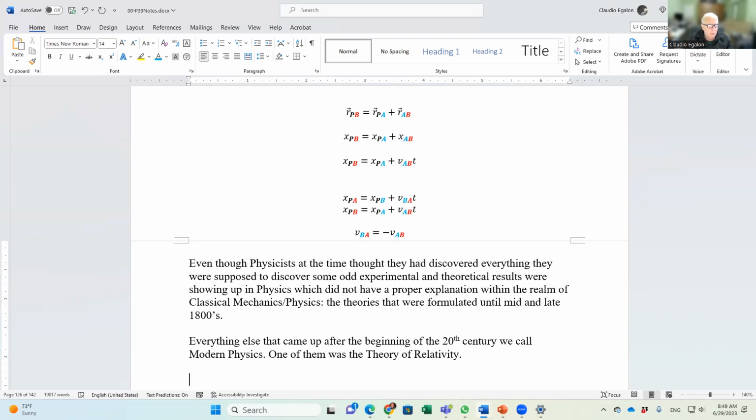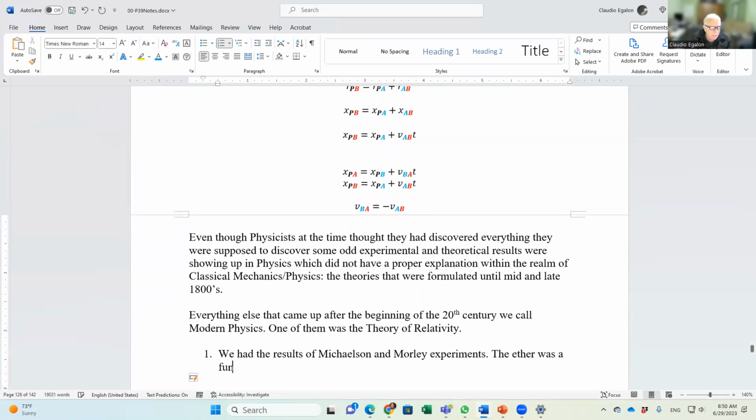So let's see what was the problem that the scientists were facing. First, you already know, we had the results of the Michelson and Morley experiments. The ether was a fundamental concept in classical mechanics.